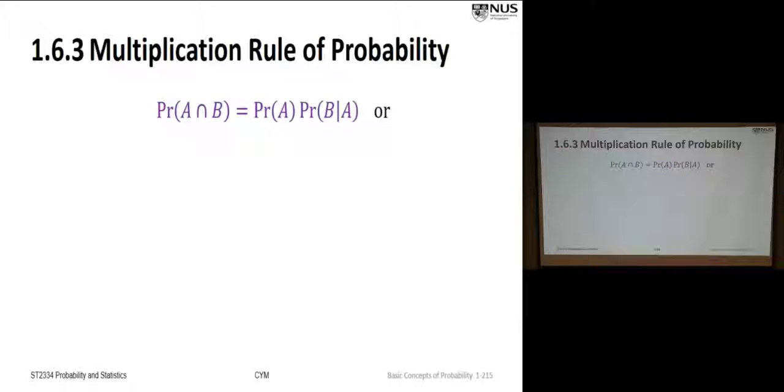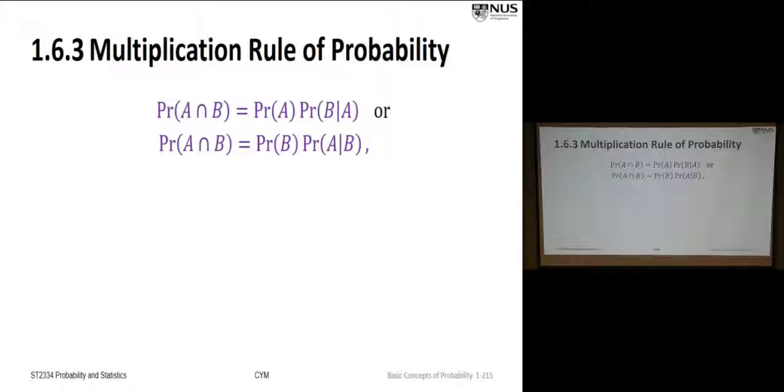I just moved the probability of A to the other side of the equation, provided that the probability of A is not 0, and provided that it is not a negative number. But equal is okay. We are not talking about inequality. Either one of them is true.